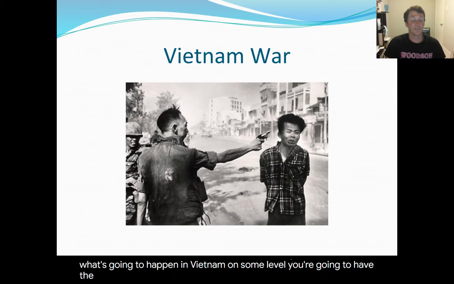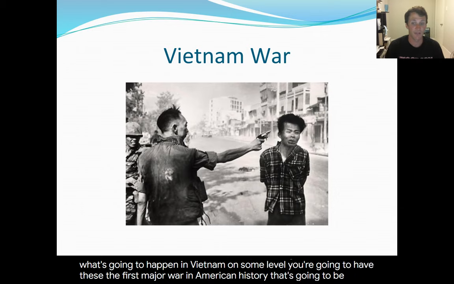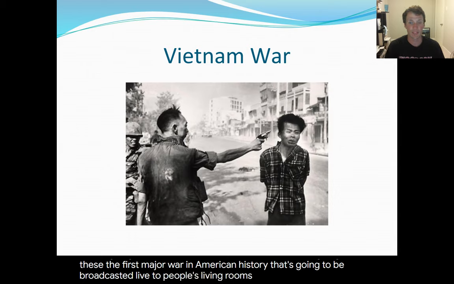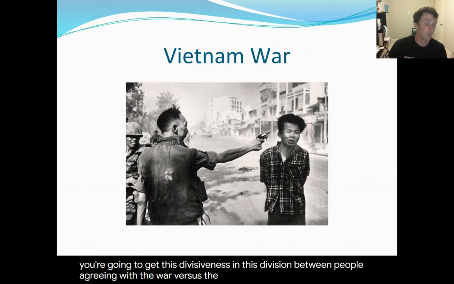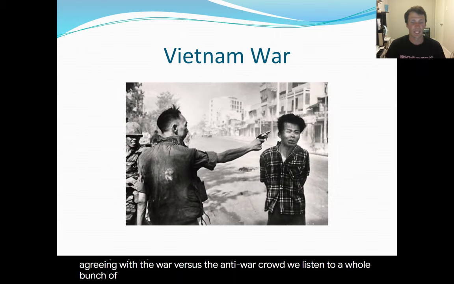You're going to have the first major war in American history that's going to be broadcast live to people's living rooms, right? And that's where you're going to get this divisiveness between people agreeing with the war versus the anti-war crowd. And we listened to a whole bunch of the anti-war protest songs from the era too.